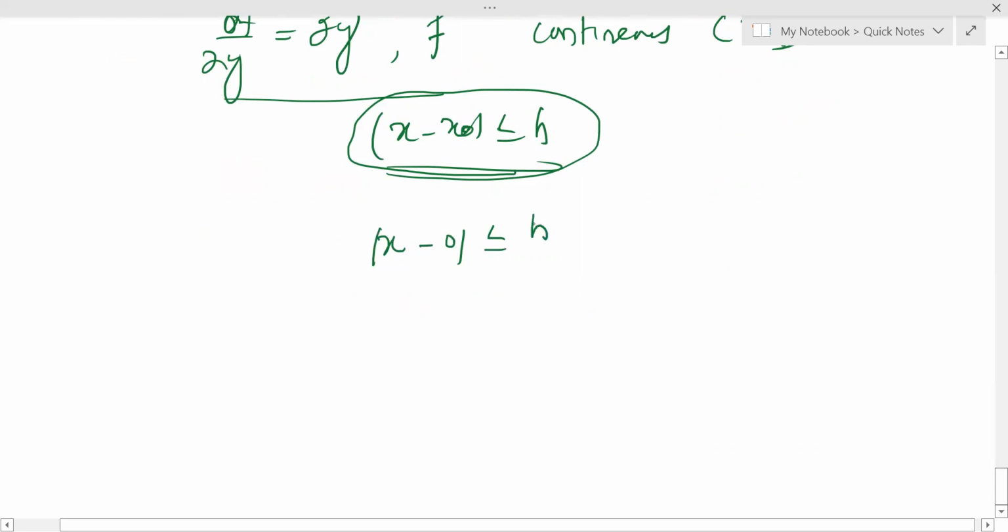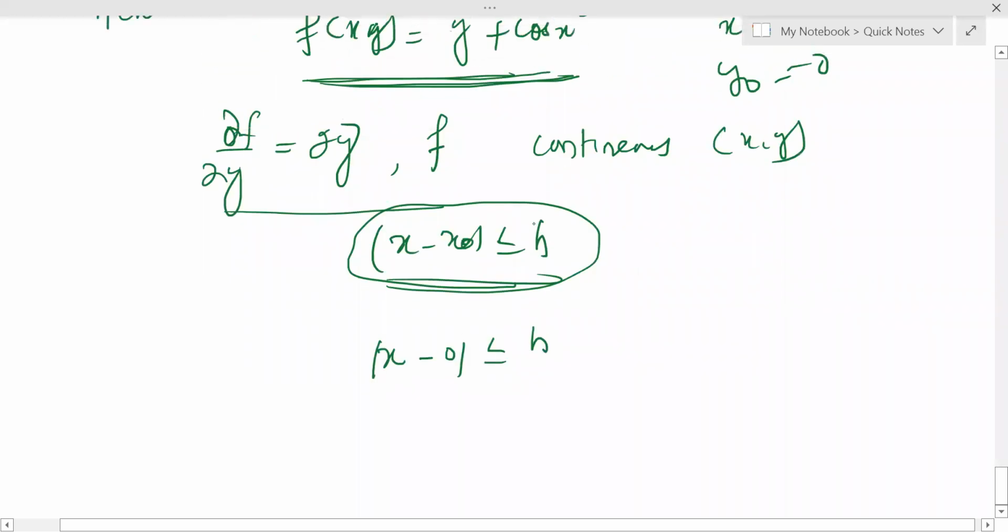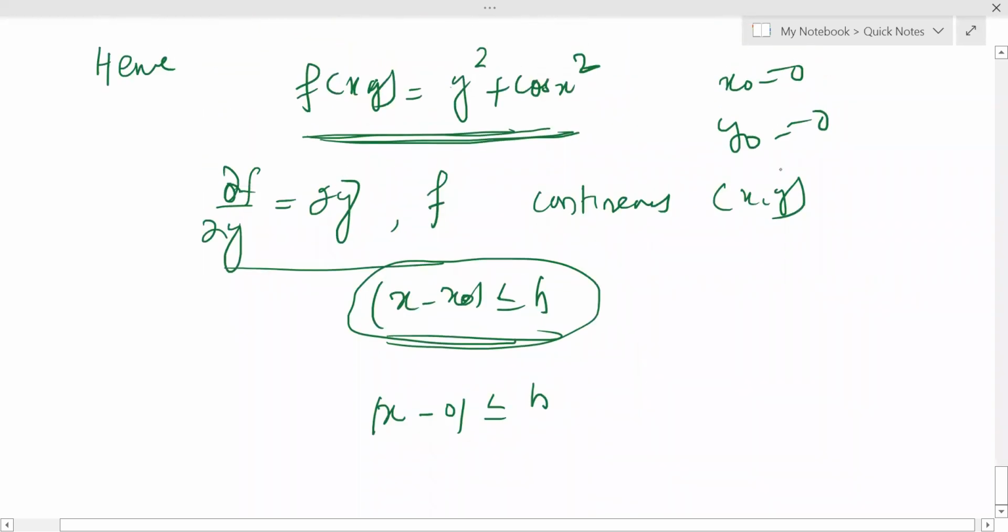We need to find the h value. h is b here, because two endpoints a and b are considered here, and the highest one is b, because del f by del y and f are continuous.